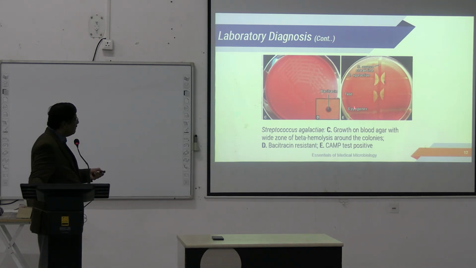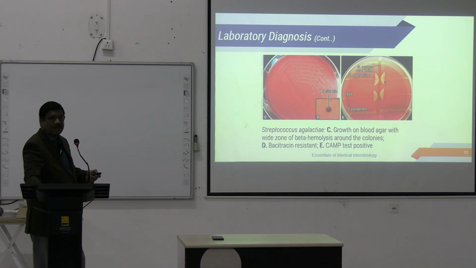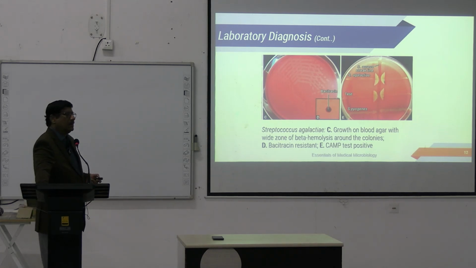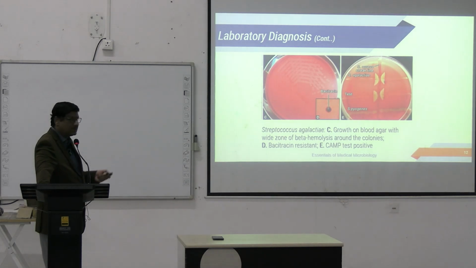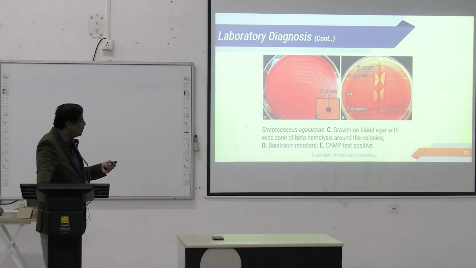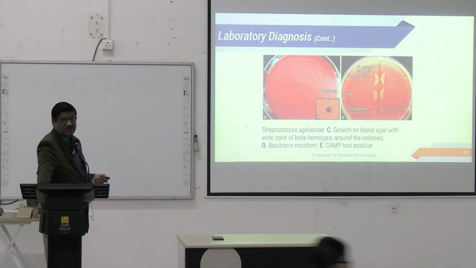We have done this test in our laboratory, and it is not positive with all Staphylococcus aureus. Only one strain, known as the Plagen strain, is really positive with this CAMP test.